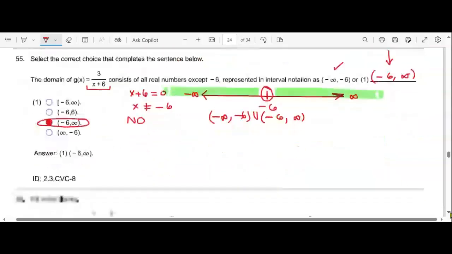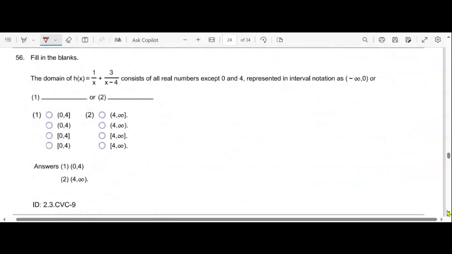Let's go to the next one. Read, Abdullah. The domain of h(x) = 1 over x + 3 over (x - 4) consists of all real numbers except 0 and 4, represented in interval notation as negative infinity to 0, or... So you have exceptions here from where to where? 0 and 4. You're not allowed to have 0 or 4.